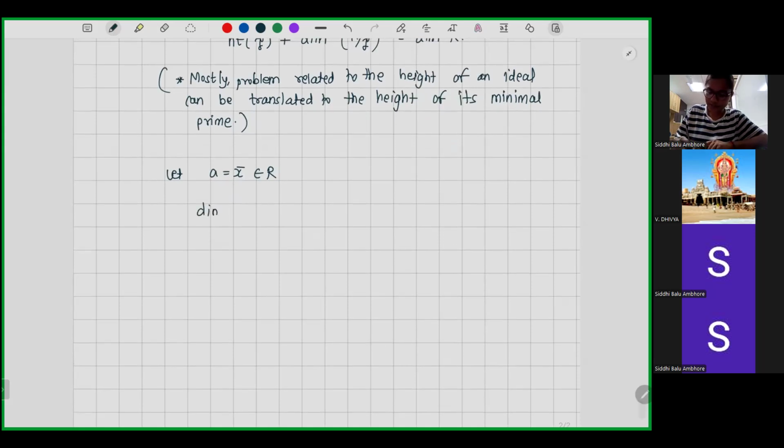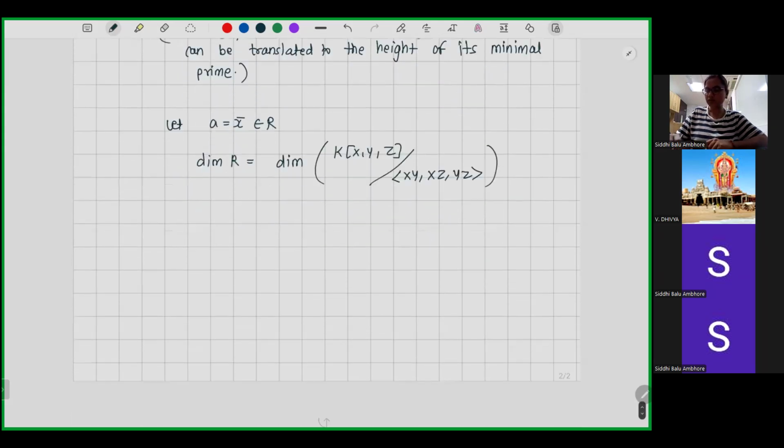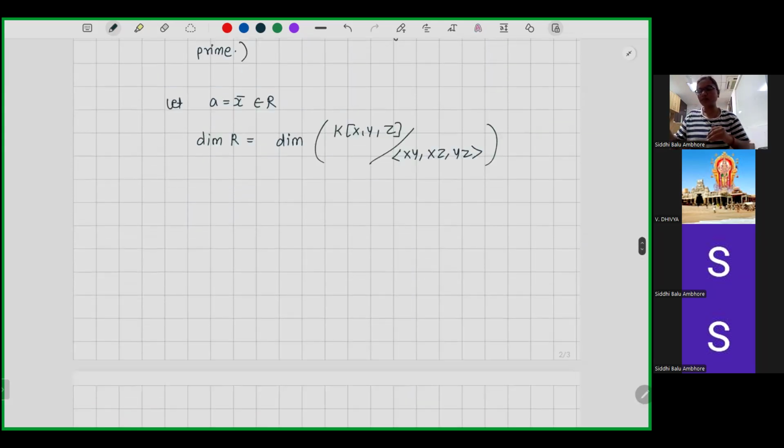And here, what is the dimension of R? The dimension of R is the dimension of this ring, k[x, y, z] quotiented by xy, xz, yz. And what is the dimension of this ring? When we have to find the dimension of this ring, we have to find the length.